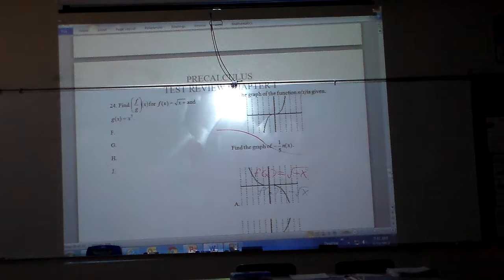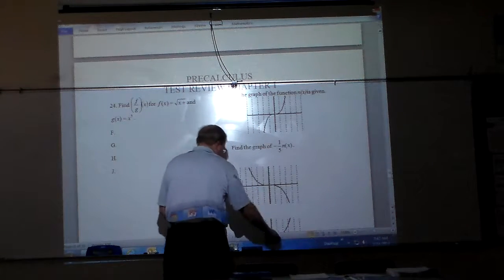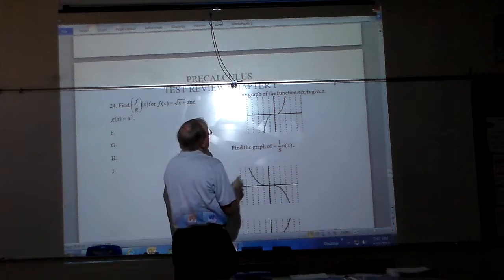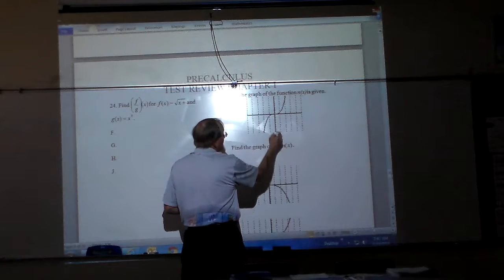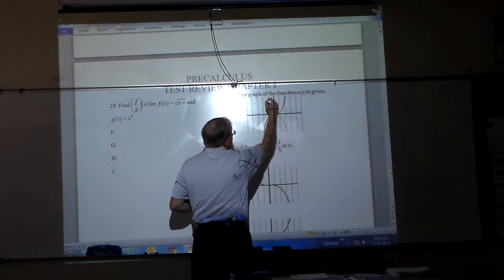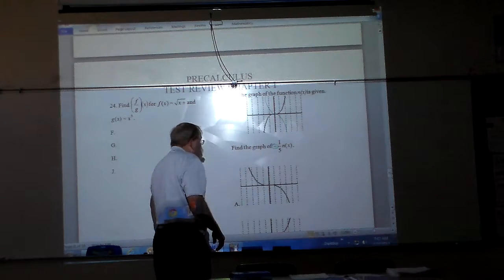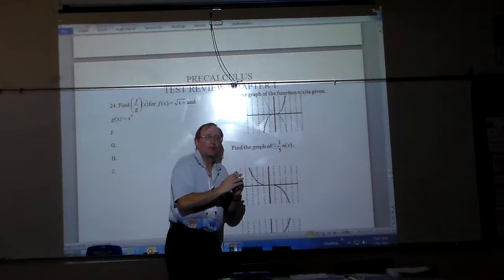Now you're going to have to look at all the choices which you have on your paper, because this is what I know about this graph. First off, having just talked about it, this negative in front is going to flip this one what I call upside down. So it'll be the same graph, just flipped. And the 1/5 is going to make it a vertical shrink.